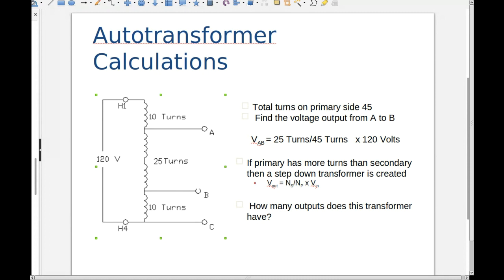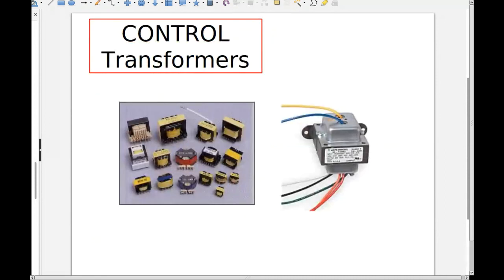If you don't need electrical isolation, this might be a little bit cheaper way to go. And sometimes it's nice to share a ground between your primary side and your secondary side. So if it's okay to share the ground, then an auto transformer will work for you.